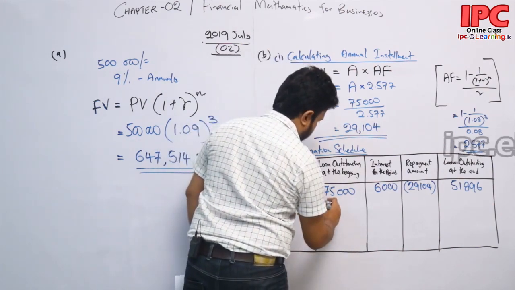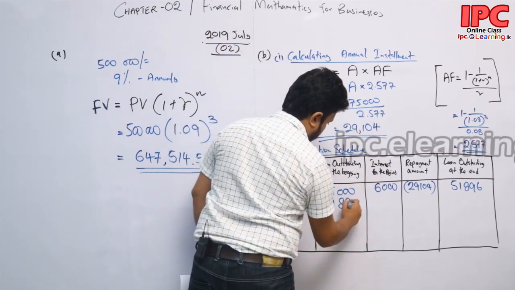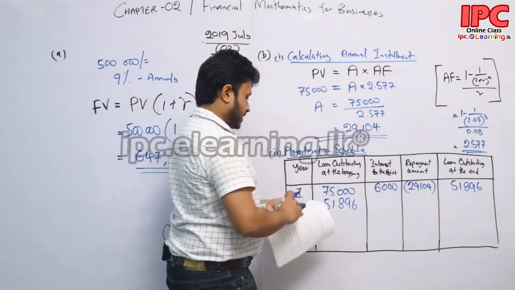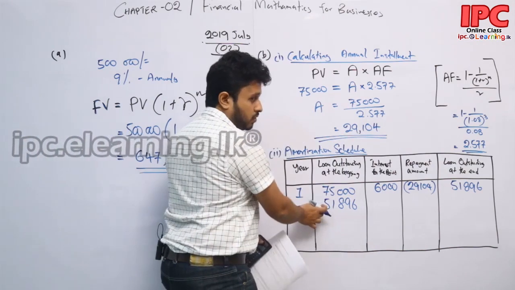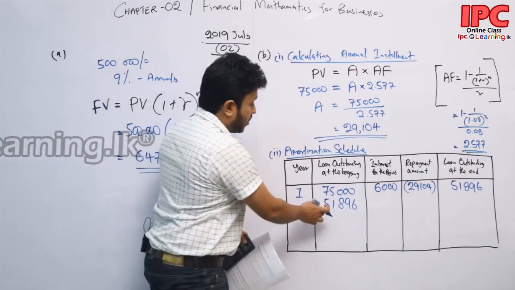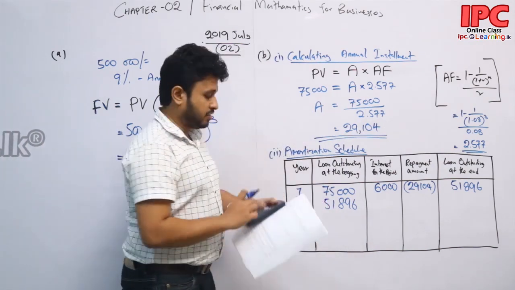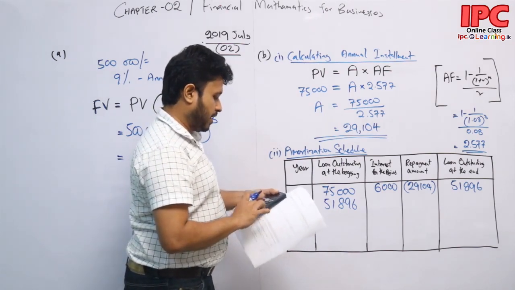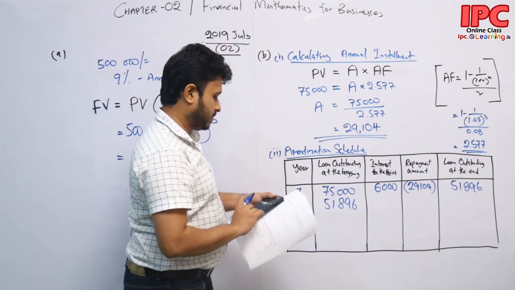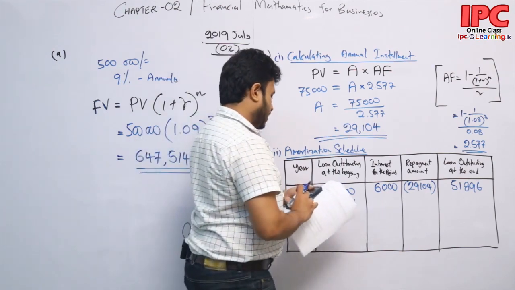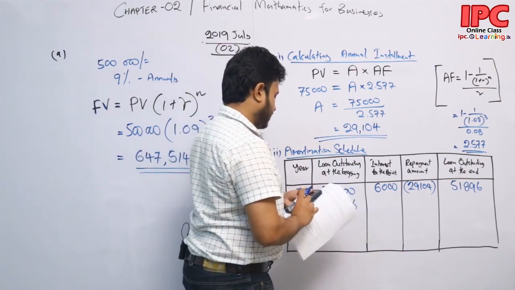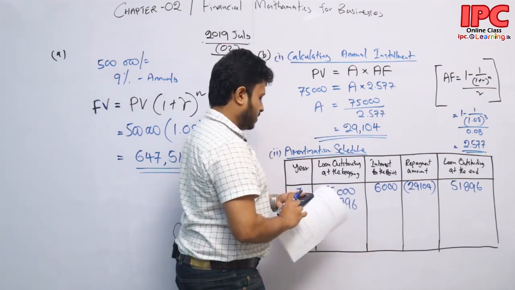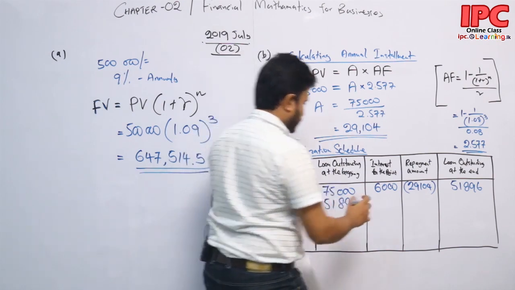The opening balance is now 51,896 and interest is calculated on this amount at the beginning of the period. It is 51,896 into 0.08, 4,151.68. We'll say 4,152.